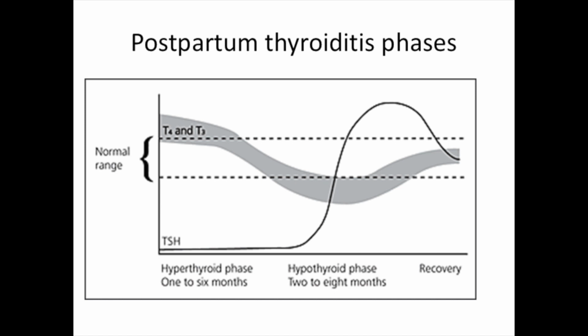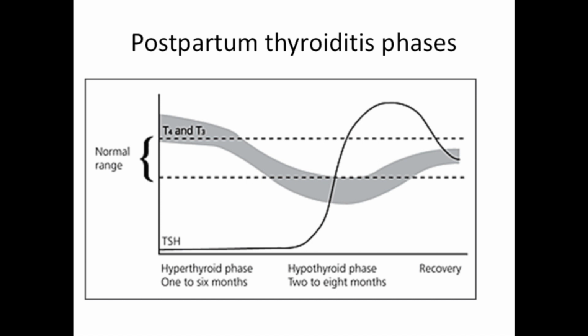Postpartum thyroiditis can present to you as hyperthyroidism or hypothyroidism. You can see this patient when she complains of symptoms of hyper, or you can see her in the postpartum period, the first 12 months, when she is complaining to you as hypo.